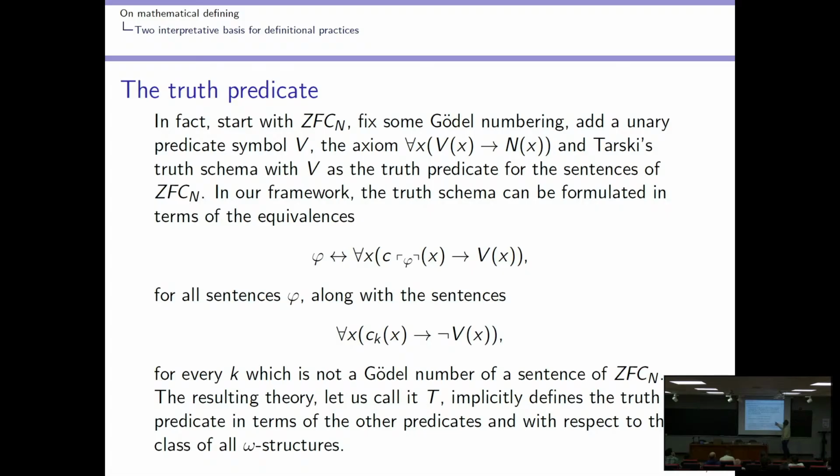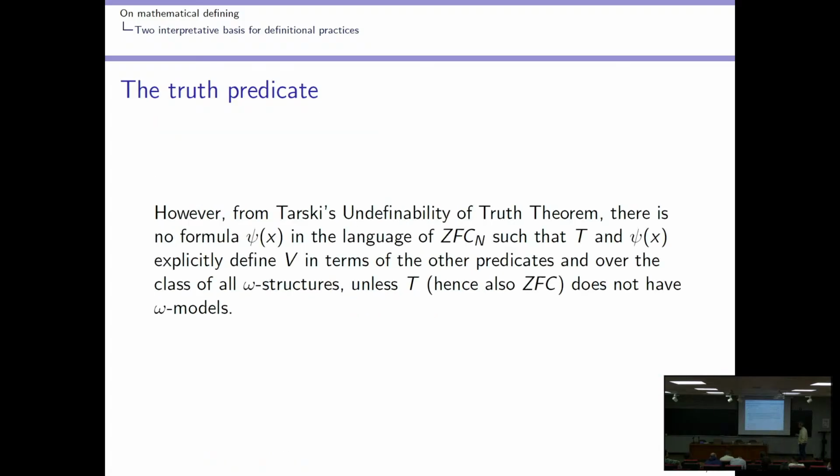If you put psi here without V, you would have a truth definition here, and that's impossible. We have an argument here. It's not immediate, it's not direct, but it can be proved.